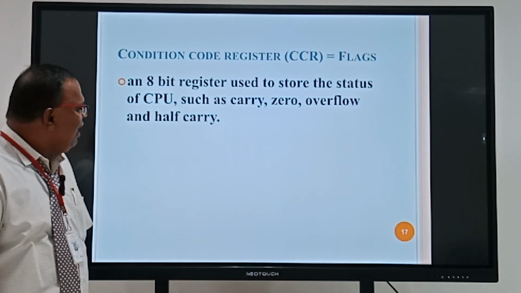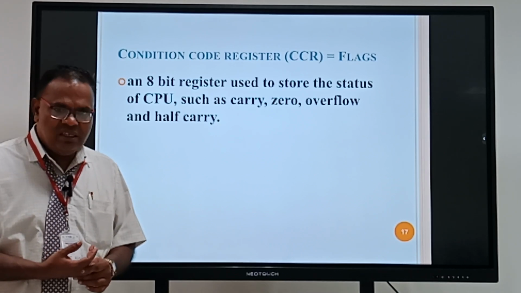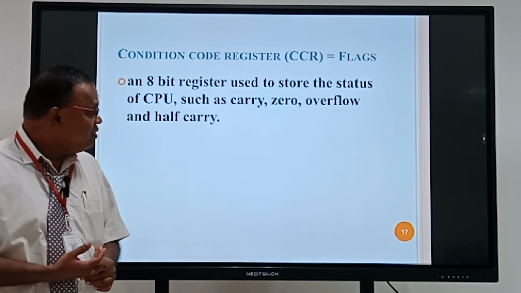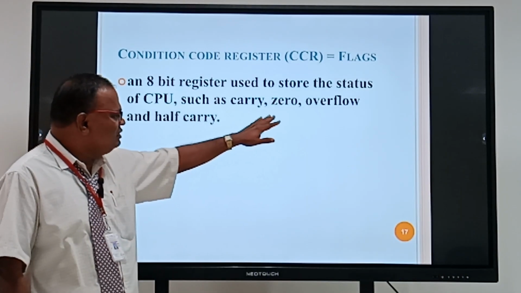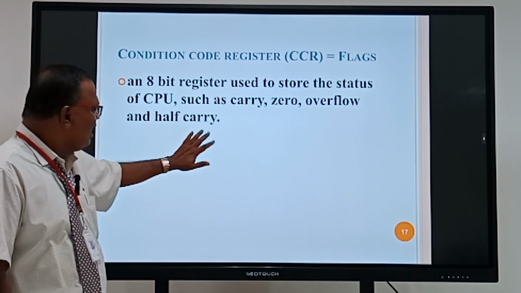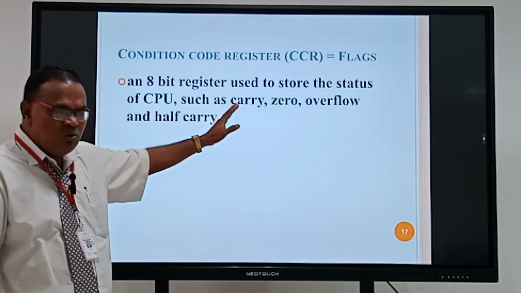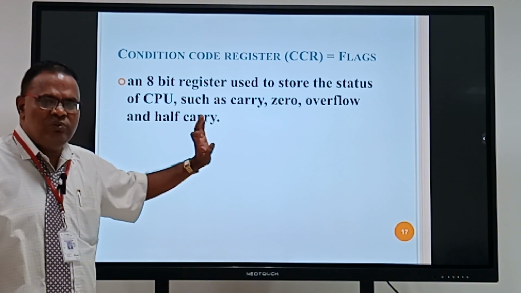And we use different flags to set bits in this microprocessor, such as the carry flag, zero flag, overflow flag, and auxiliary carry flag. Carry means if we add two numbers and the output has a carry, the value should be set to 1. If the output is 0, the zero flag should be set.